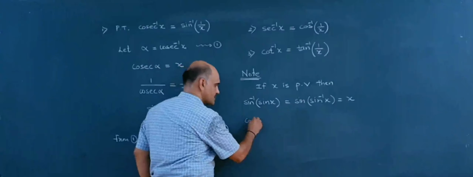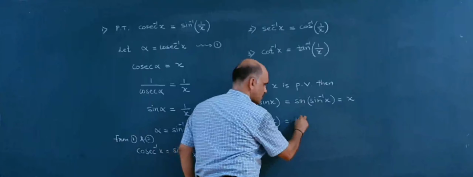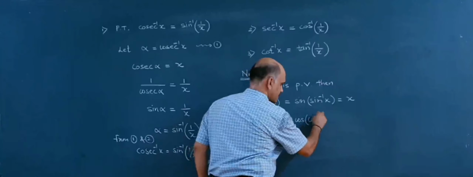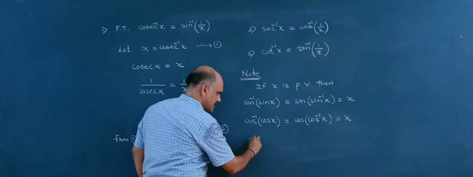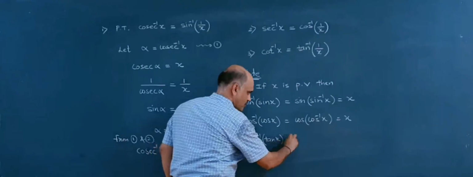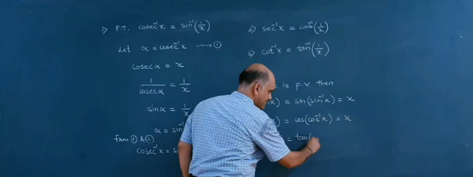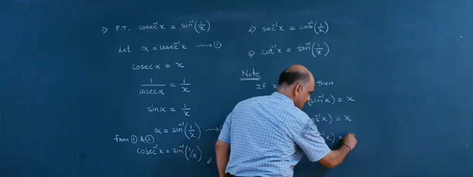Similarly, cos inverse of cos x or cos of cos inverse x is equal to x. Third, tan inverse of tan x or tan of tan inverse x will be equal to x.